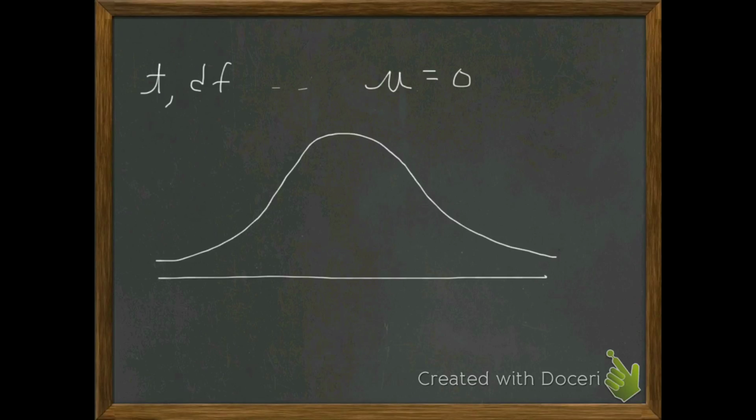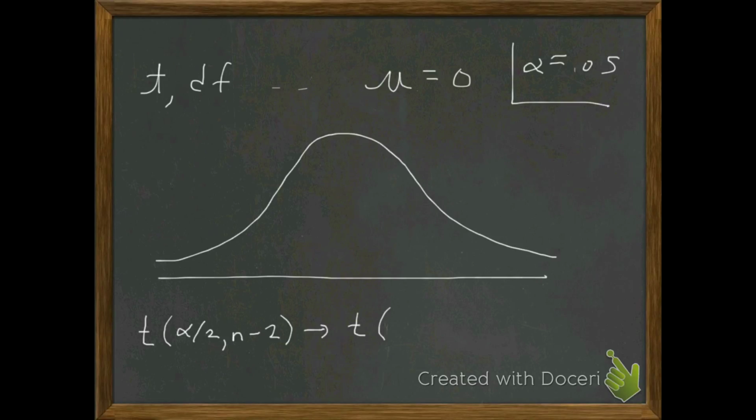Now, when we look at this first t of alpha over 2 given n minus 2 degrees of freedom, in a situation where alpha equals 0.05, which is typically the case, this leads to t of 0.025 for our degrees of freedom. So what we're actually finding here is the negative t that has area 0.025 to the left.